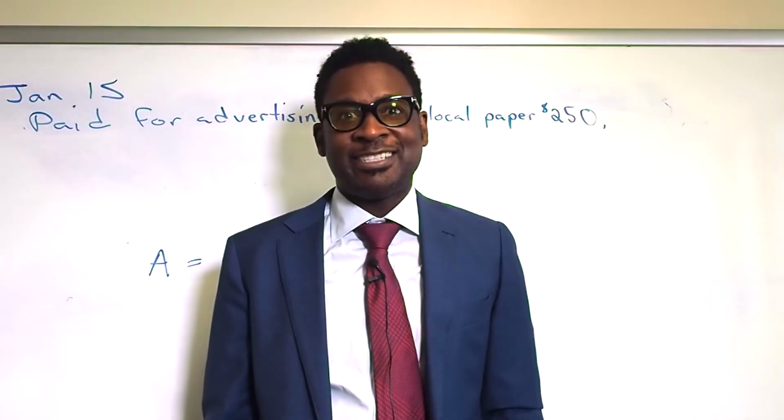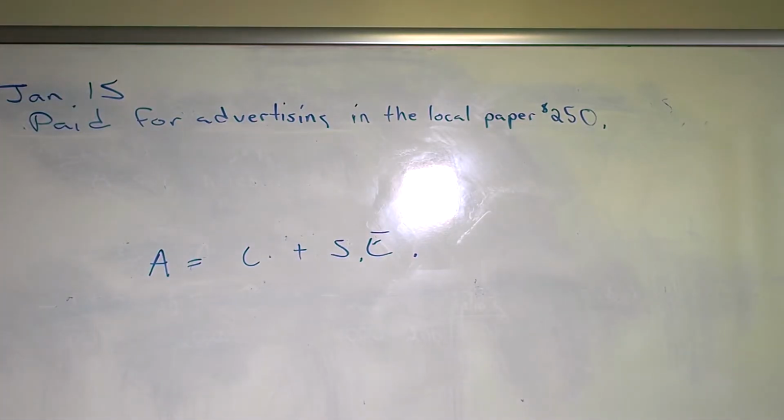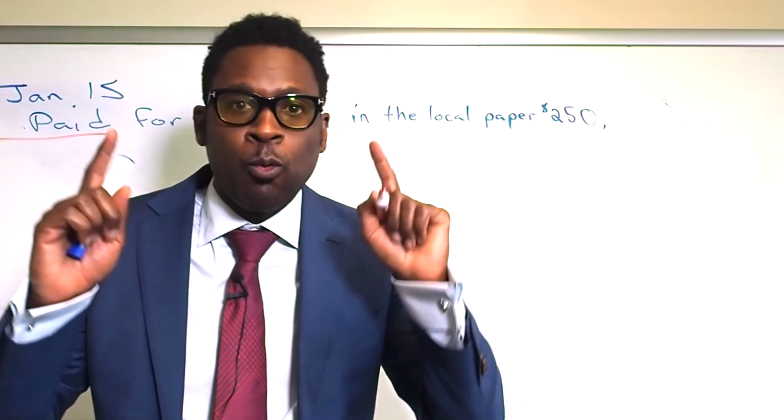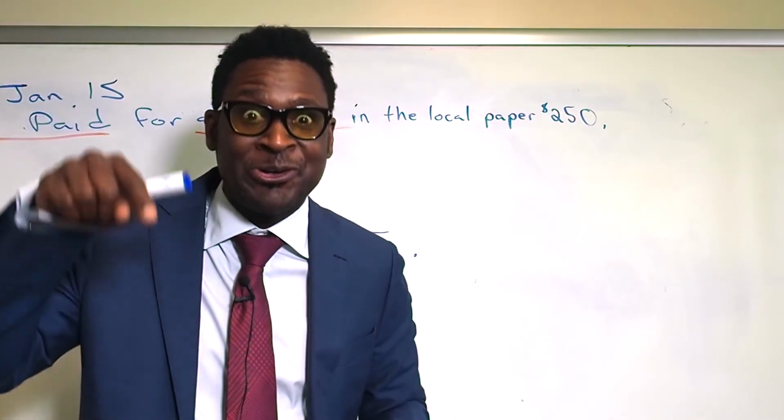Transaction number 6. January 15th, paid for advertising in a local paper of $250. What are the key words, gang? Paid and advertising. So we already know when we see the word paid and the company is paid, cash is going down.